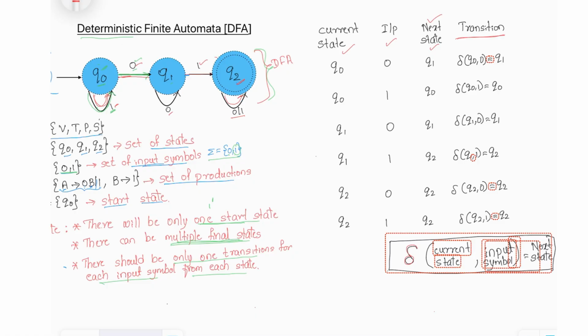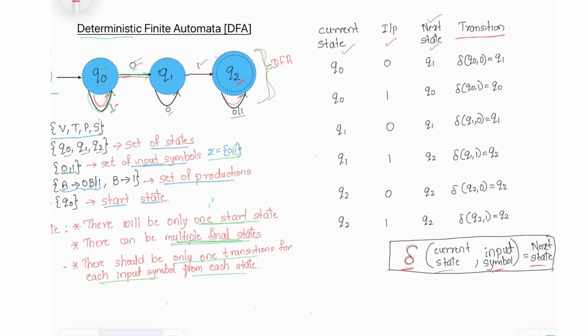In the delta function, the first parameter to be passed is the current state, and the second parameter is the input symbol, leading to the next state.